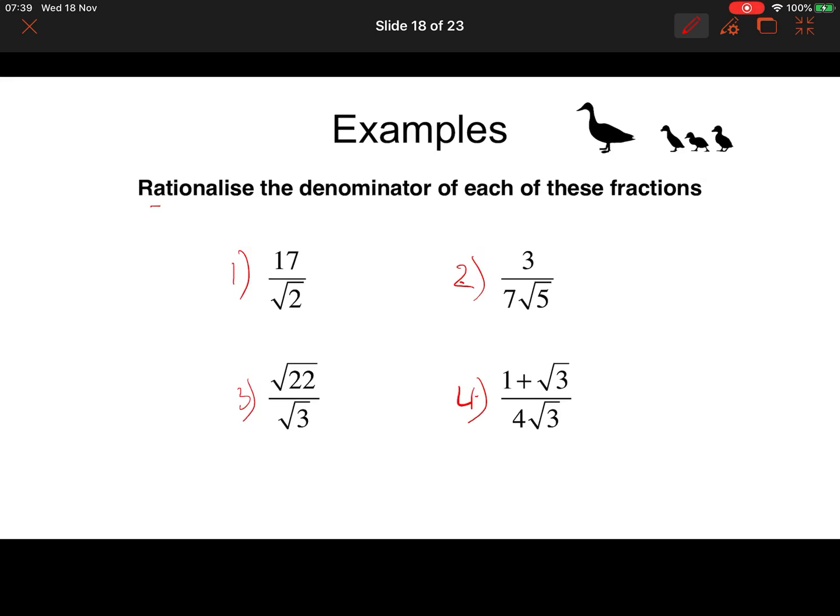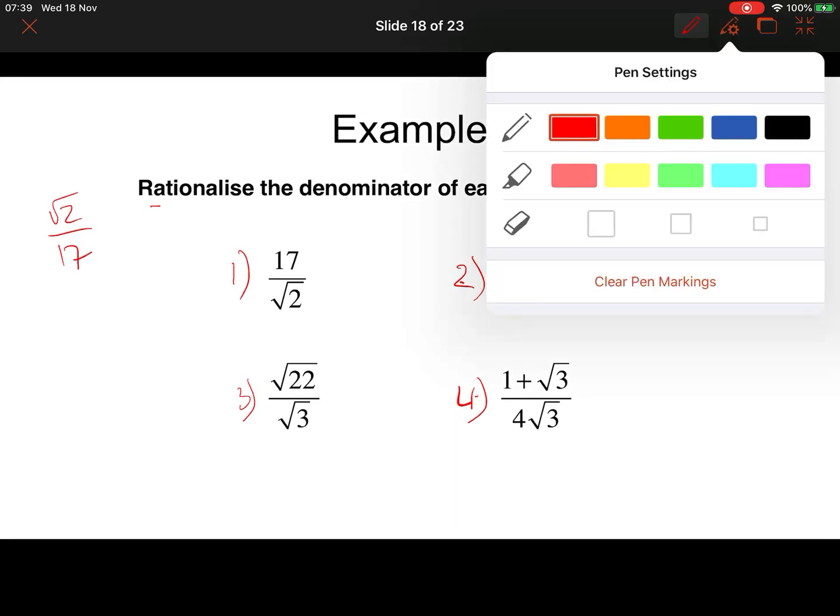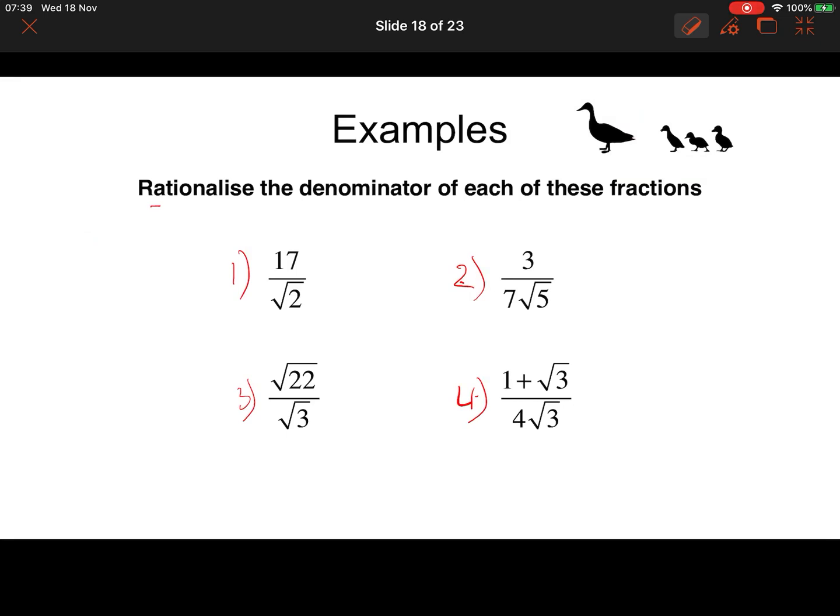We can allow it to be in the numerator. So if I wrote root 2 over 17, the reciprocal of 17 over root 2, that would be fine. I wouldn't need to change that because my denominator is rational. Okay, but in the question I'm actually being asked, the denominator is irrational.